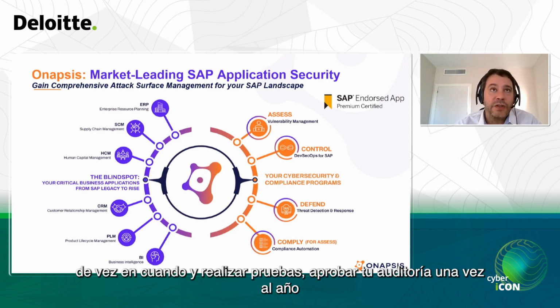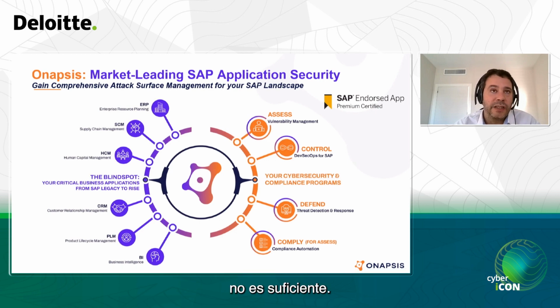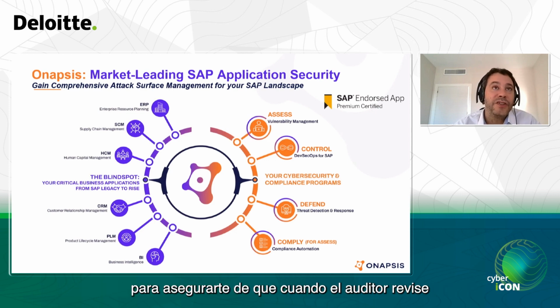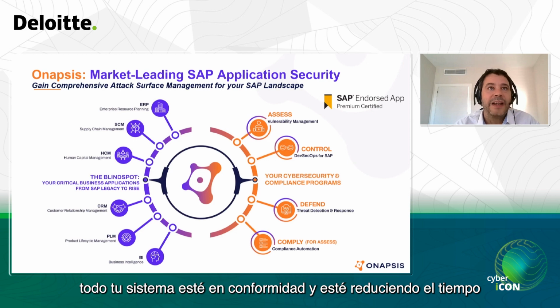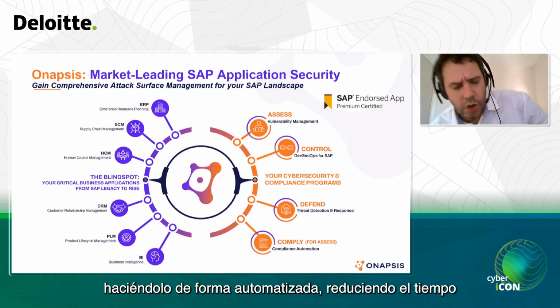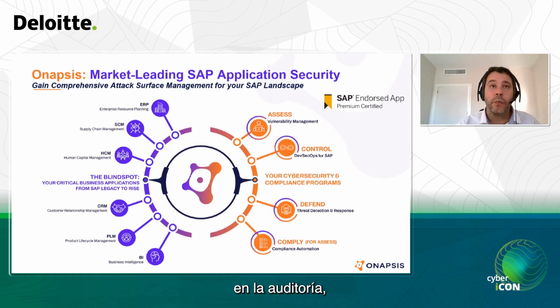Just to pass your audit once a year is not enough. You need to audit your system every day, or at least every month, so you can ensure that when the auditor comes, all your system is compliant. And by automating, it's reducing the time on the audit execution.